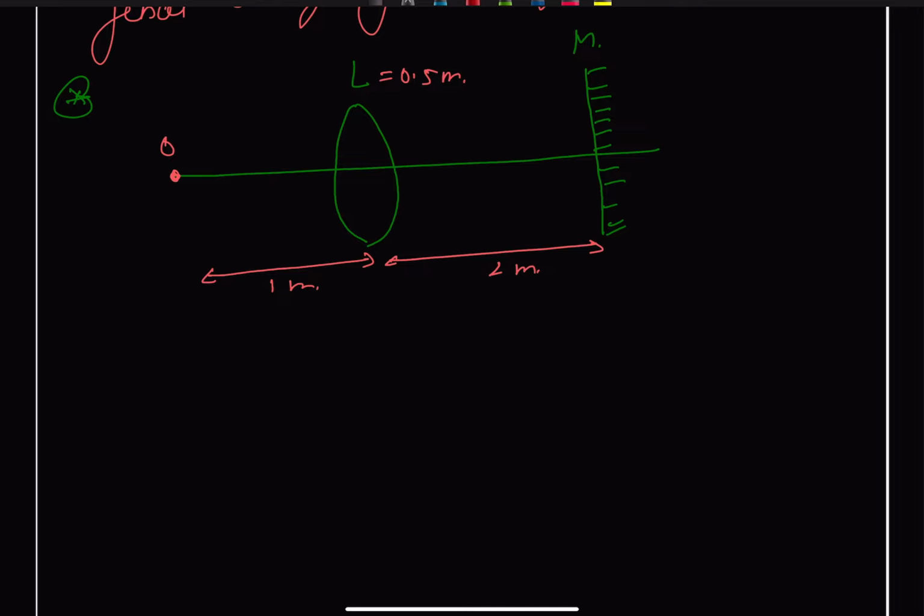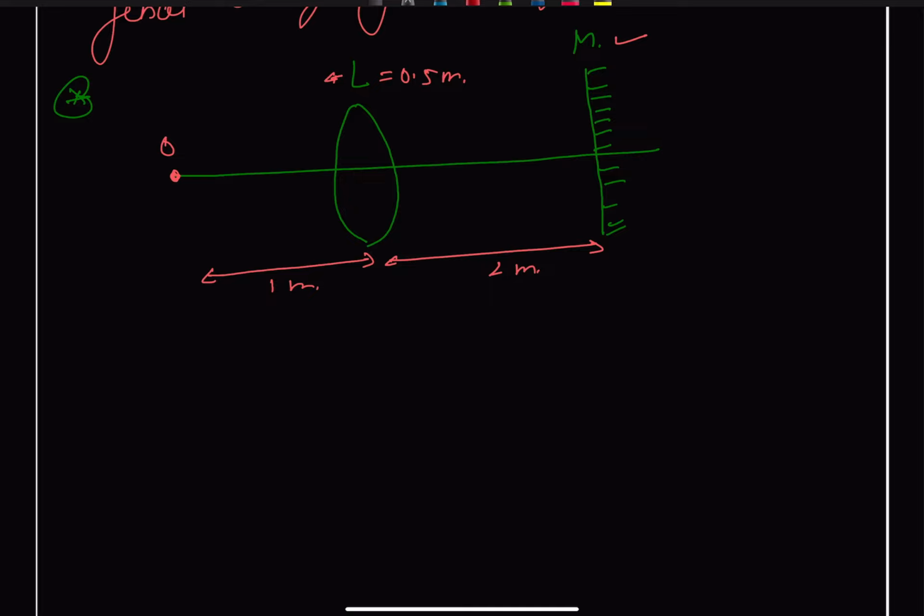We need to find out the final image of this entire system, that is the combination of lens as well as mirror. First the image will be formed by the lens, and that image will act as an object for the mirror, and then the ray of light will be reflected back from the mirror onto the lens, resulting in the final formation of the image.